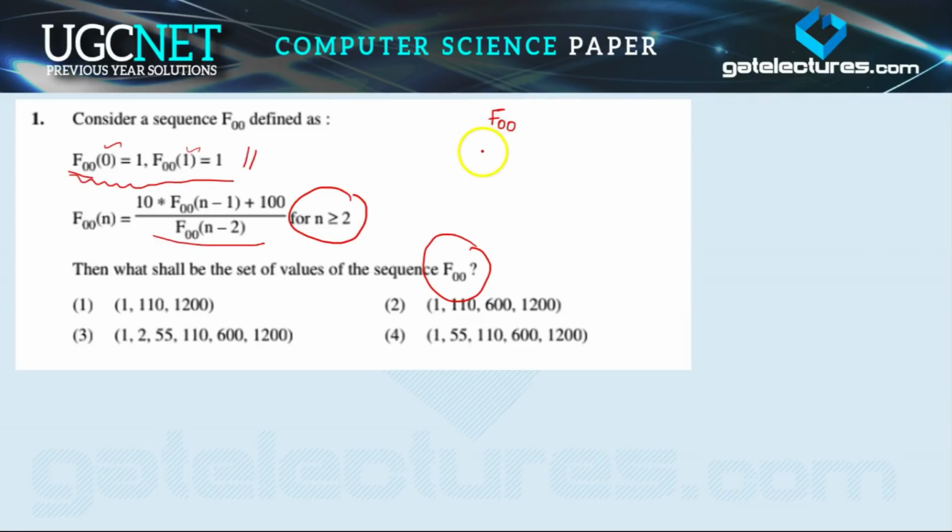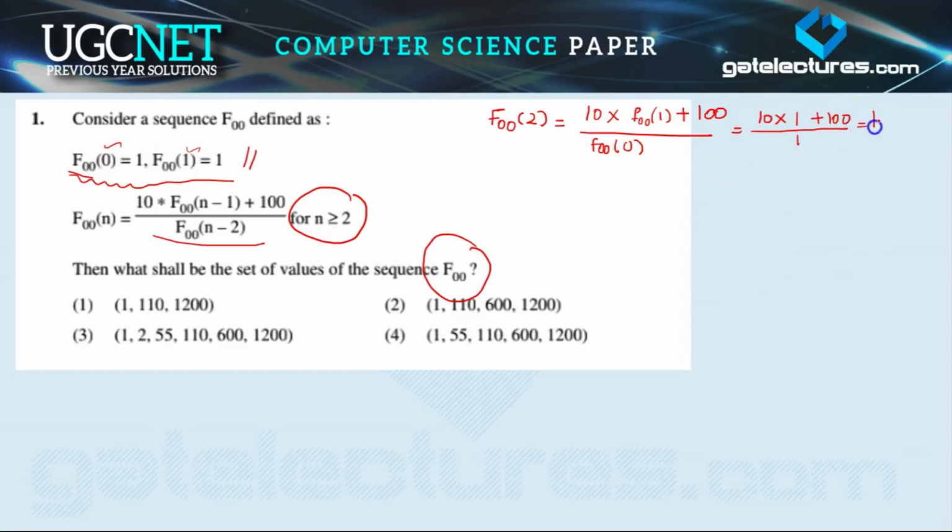If we take n equal to 2, then f(2) is 10 into f(n minus 1), that is f(1), which is 1, plus 100 into f(n minus 2), that is f(0), which is 1.